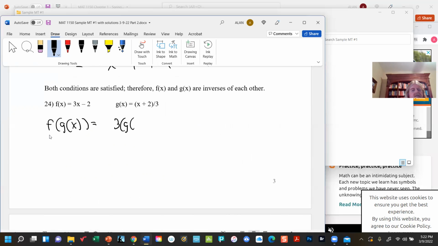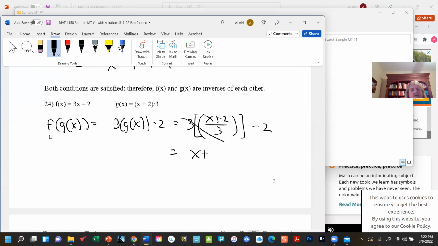Three g of x minus 2 is 3. The 3's cancel out.